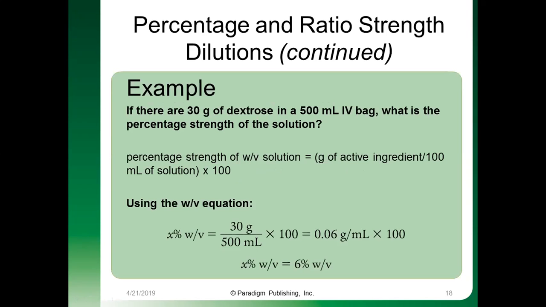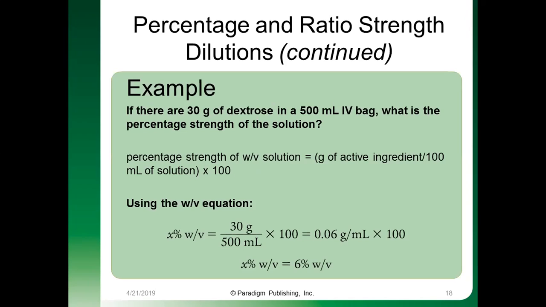Next example. If there are 30 grams of dextrose in 500 mLs of IV bag, what is the percent strength of this solution? So now they're giving us how many grams are in the whole bag. Now we want to know the concentration from that.